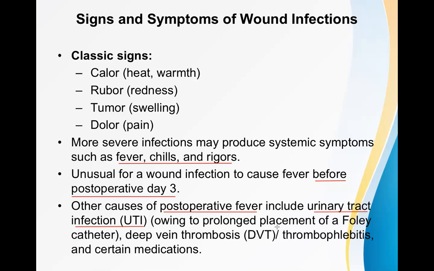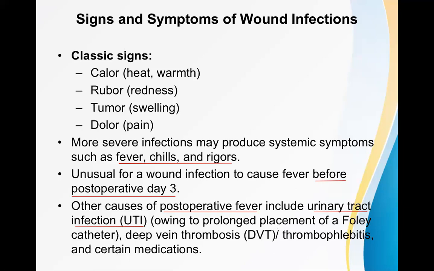Foley's catheter means self-retaining catheter. It has got a balloon near the tip. We inflate that balloon so the catheter will stay there inside the urinary bladder. But one of the very important drawbacks of that Foley's catheter is a high chance of urinary tract infection, isn't it? So it may be a cause of fever.